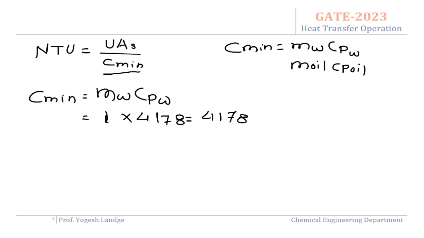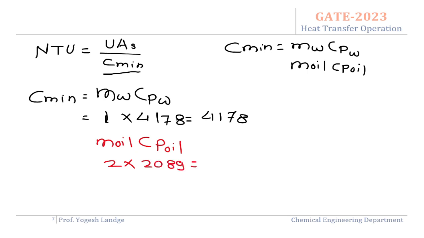Similarly, I try to do it for the other case, say for the oil. So I can write mass flow rate of oil into the specific heat of oil. What is the mass flow rate of the oil? It is mentioned here, it is 2, into the specific heat of oil, which is given as 2089.